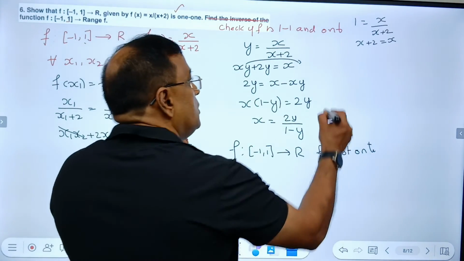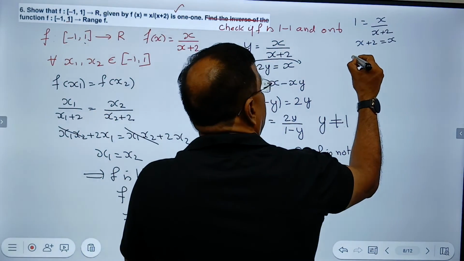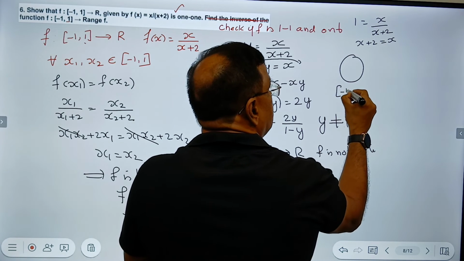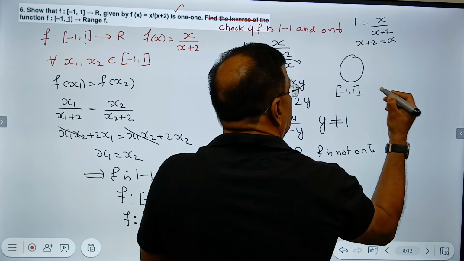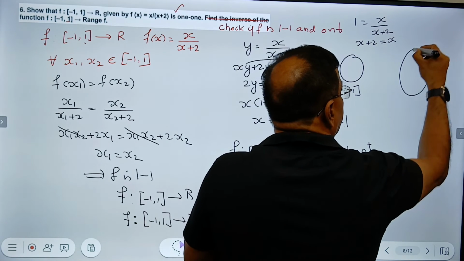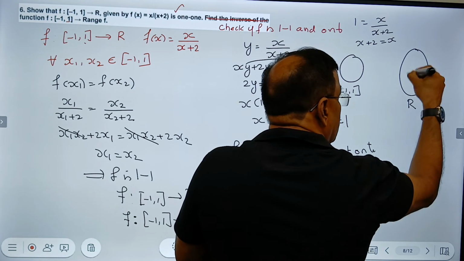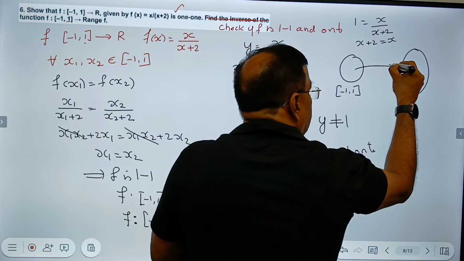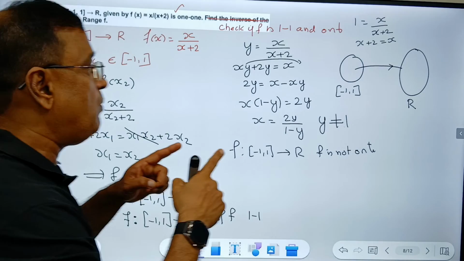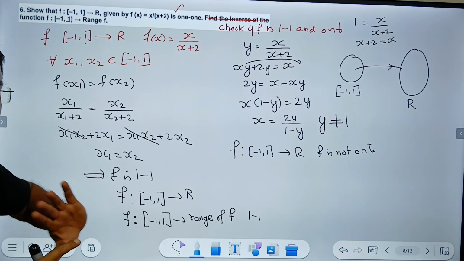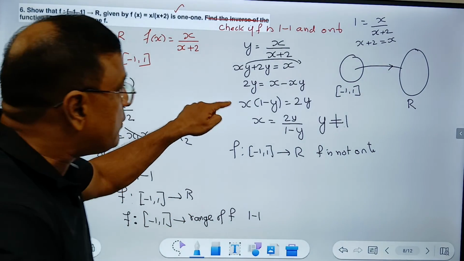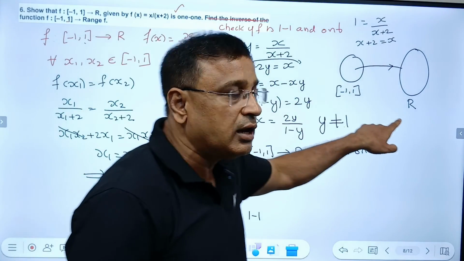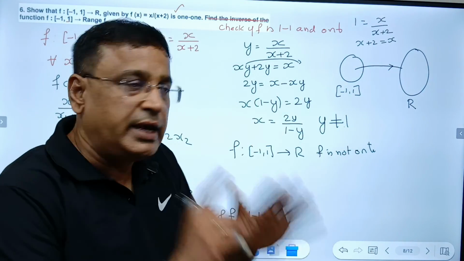So what happens here is I have the closed interval minus 1 comma 1, and here it is the set of all real numbers including 1. First we proved that f from minus 1 comma 1 to R is 1 to 1. No issue. But now we have come to a situation where my range is not R, but something else.